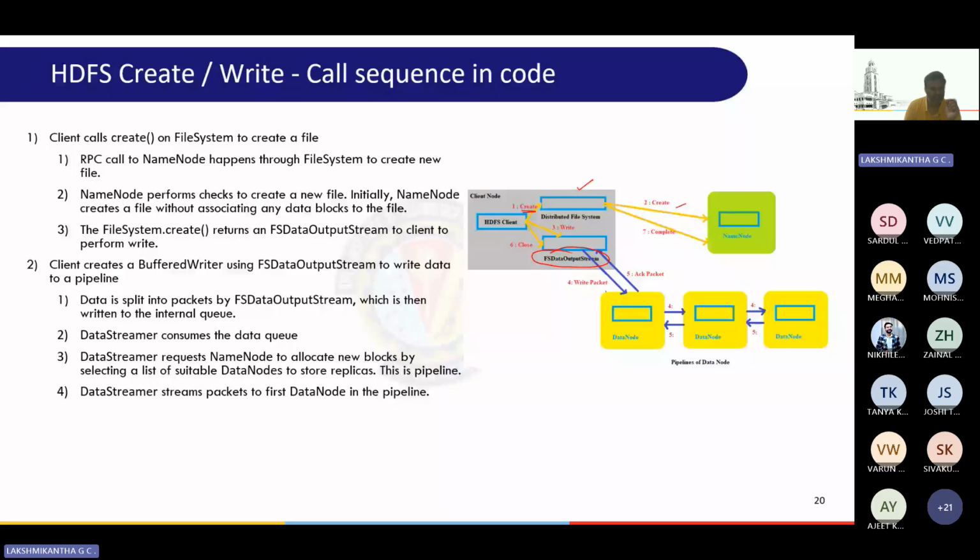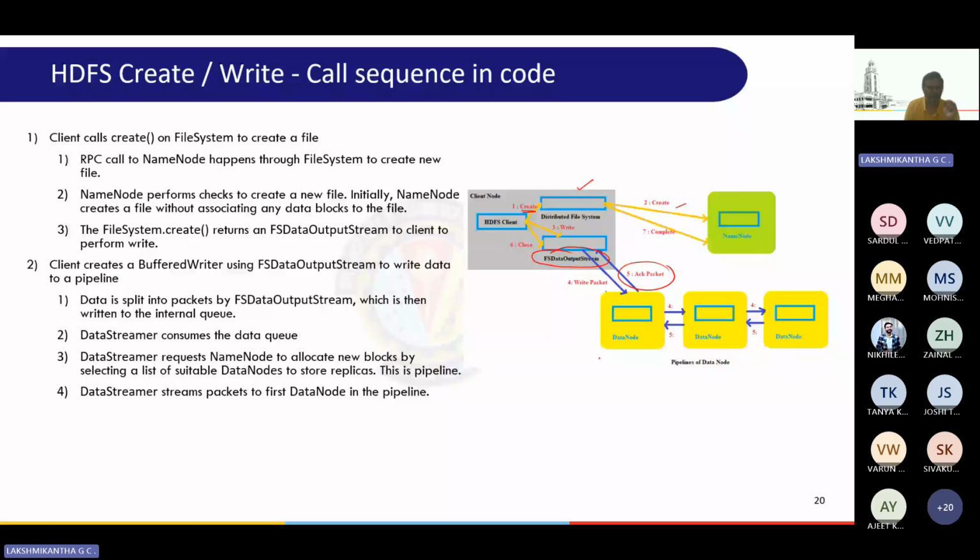And one more thing, the data stream then streams the packet to the first data node in the pipeline. The data node then stores the packet and forwards it to the next data node in the pipeline. And finally, guys, the FS data output stream also manages an acknowledgement queue of packets that are waiting for acknowledgement from the data nodes.